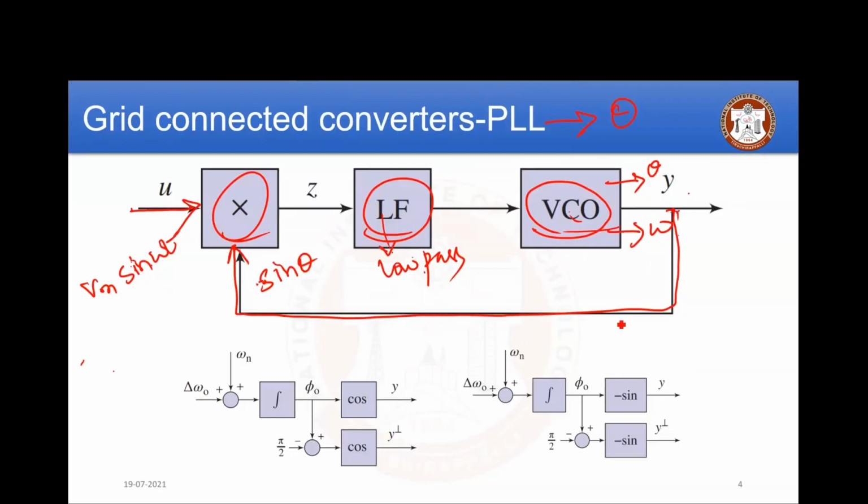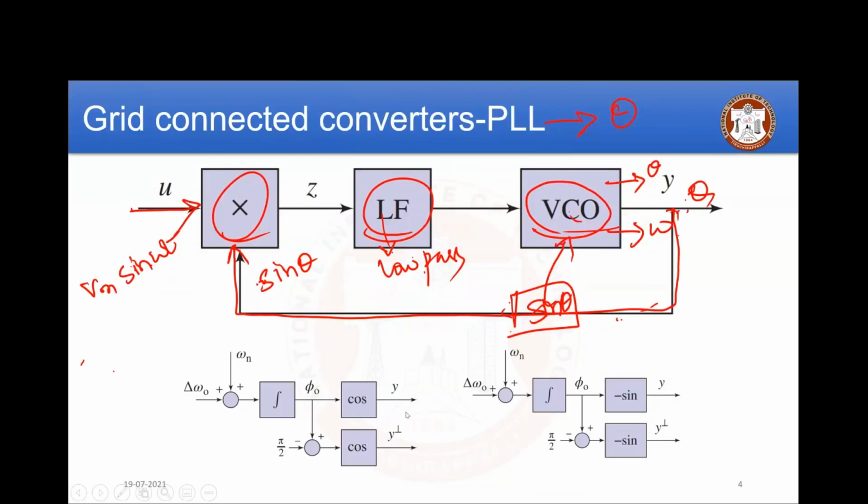Actually, this output has to be theta, so there has to be some sine block, but that is inherently there in the VCO. I mean, sine theta terms will also be there in that VCO. The bottom two things are the voltage controlled oscillators. That means they can generate your theta, they can generate your cos function.